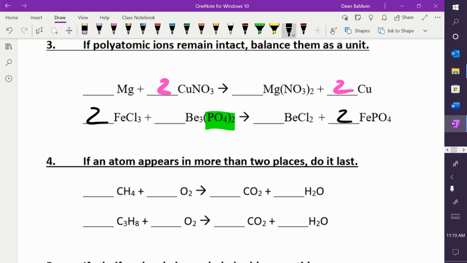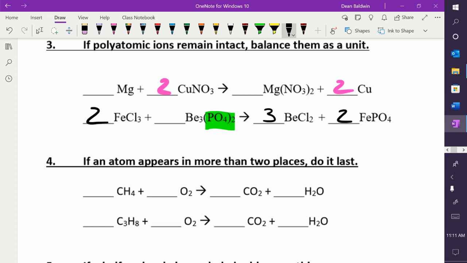Okay. How many chlorines are on this side? 6. How many are on this side? 2. How many berylliums are on this side? 3. How many on this side? 1. So what am I going to do? If you put a 3 here, that should fix all our problems, right?